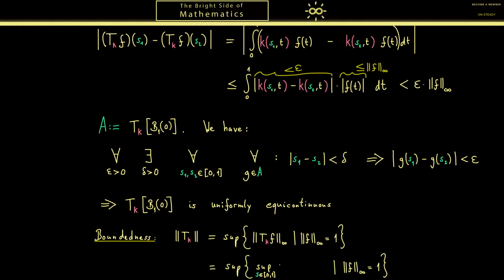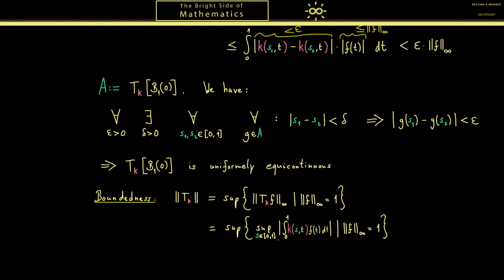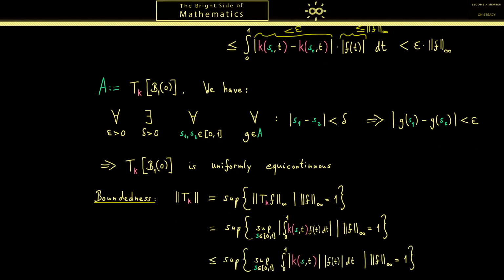By the definition of the supremum norm, this is the supremum over all s, where we calculate the absolute value of the integral. As often we can just pull the absolute value into the integral and get an inequality out. And with this we are almost finished, because the last part here is less or equal than the supremum norm of f. And this is by assumption just 1.